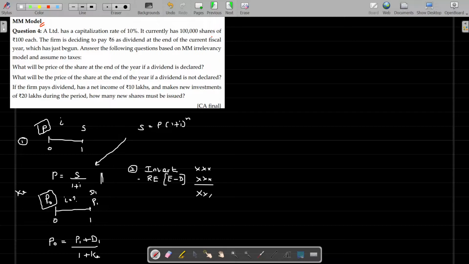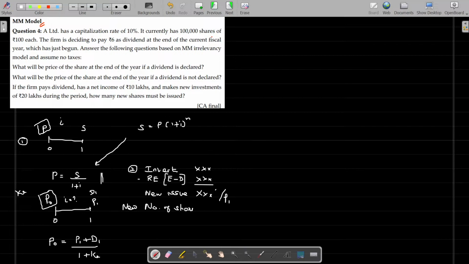This will be the investment required to be raised, this investment by issuing fresh shares. Okay, new issue. By the end of first year. Then how many shares will you issue? Number of shares issued, that is the new number of shares. If the new issue or fund required by issuing fresh shares is so much, we don't know what the price of that share will be by the end of first year.